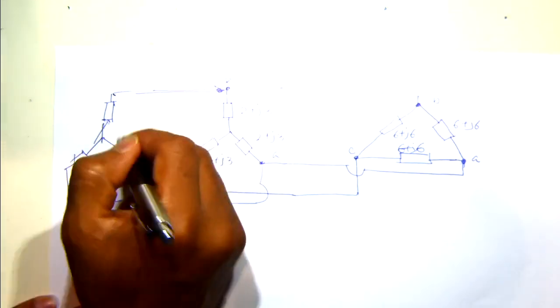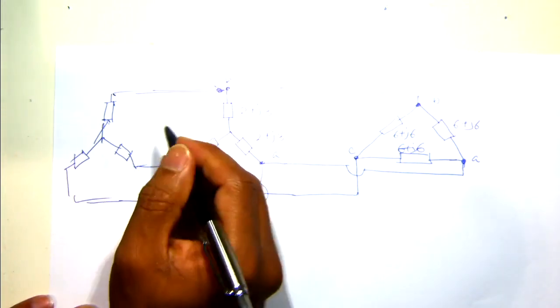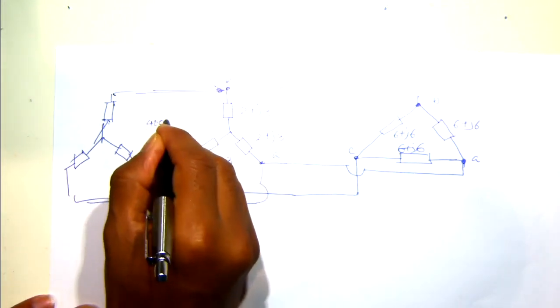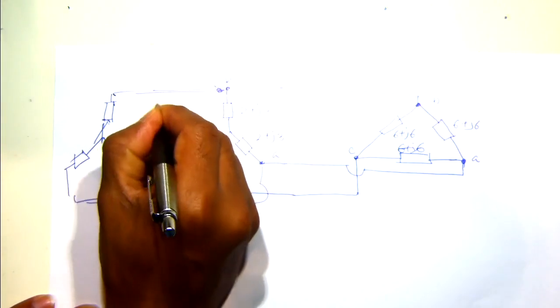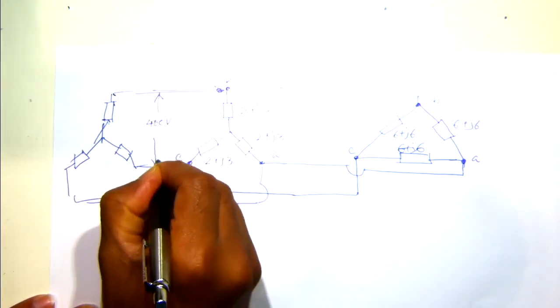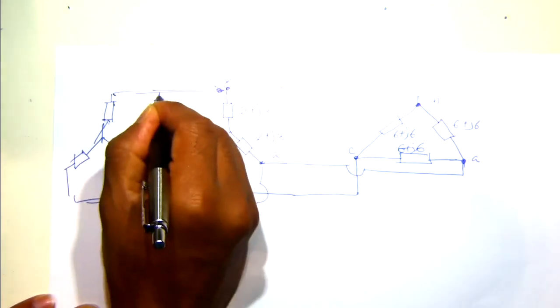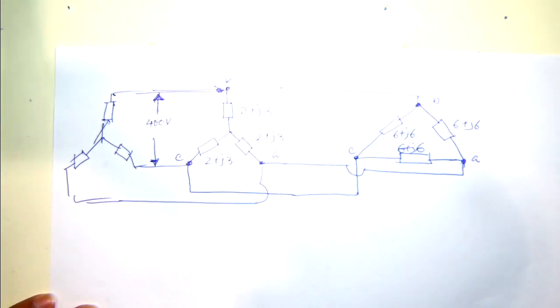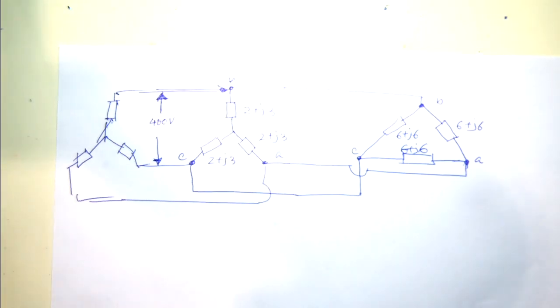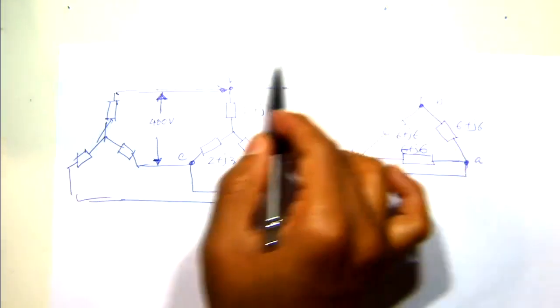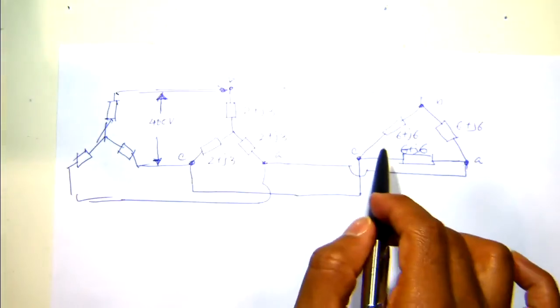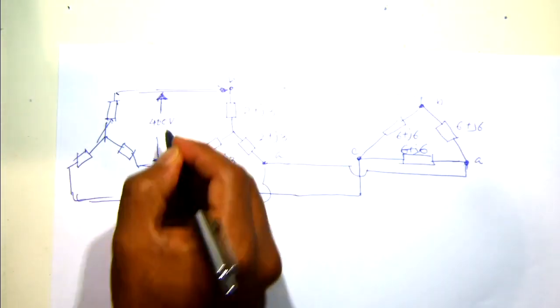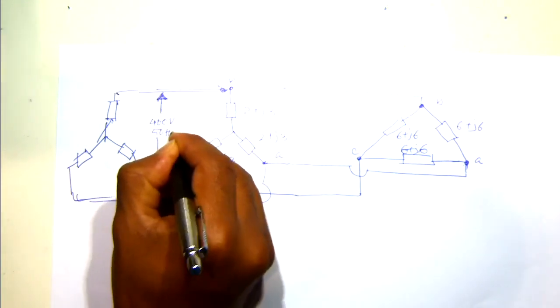So this is the generator. And when it says 400 volt generator supply, it means line to line. So this was our circuit. Two loads are connected in parallel with a generator. This is a 400 volt 50 hertz supply.